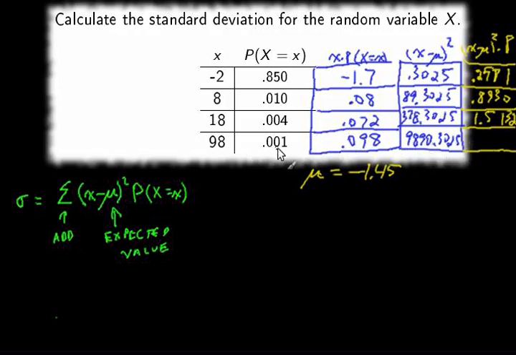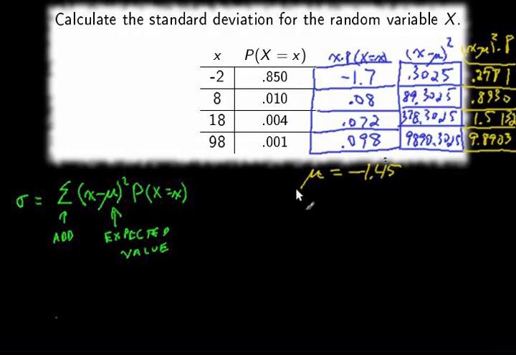We move the decimal point 3 places, 1, 2, 3. That's 9.8903. And now we add those up.